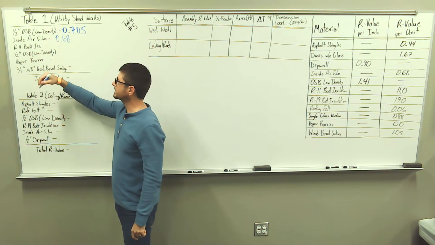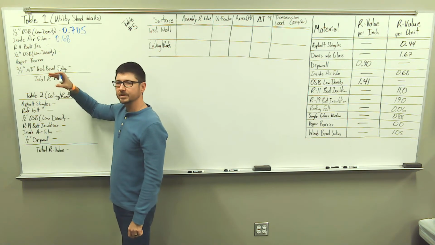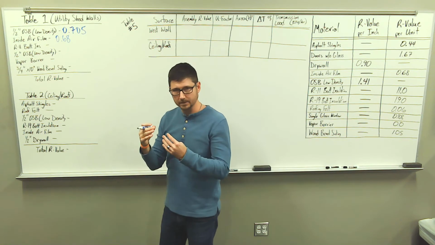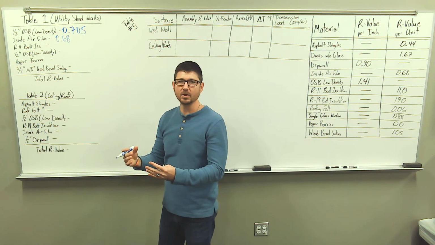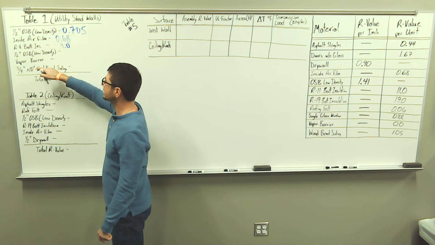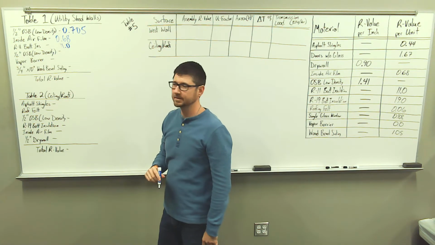When insulation is named by R11 or R19 or whatever the R value is, that is literally the rating of the R value. So this is 11.0.